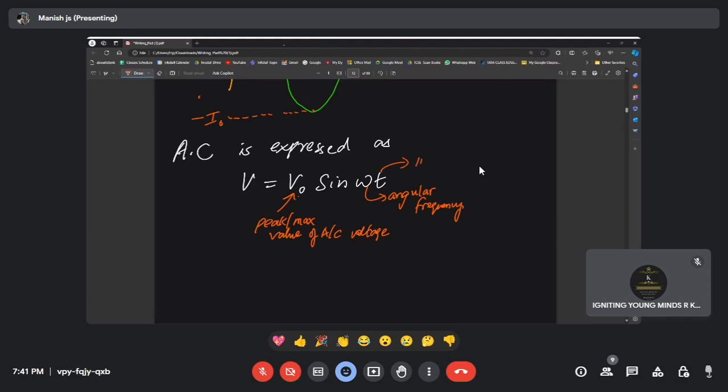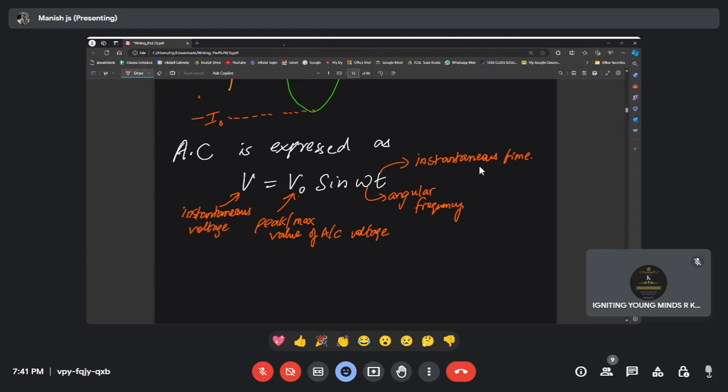T represents the instantaneous time. And V on the left hand side, the LHS, represents the voltage. It's not the peak voltage, it is just the instantaneous voltage.